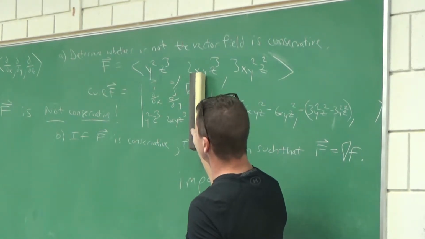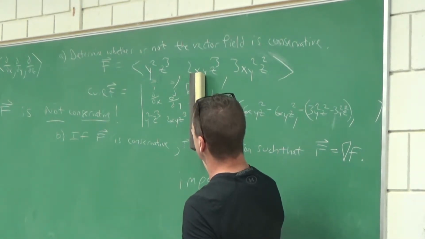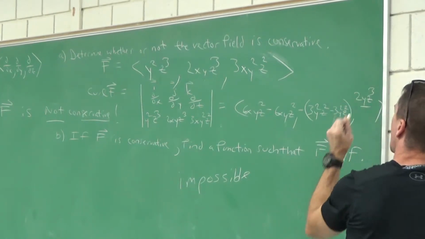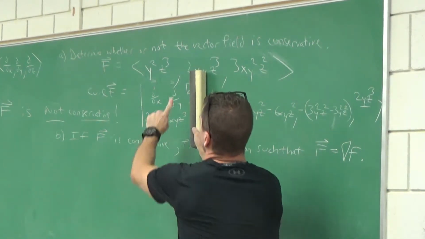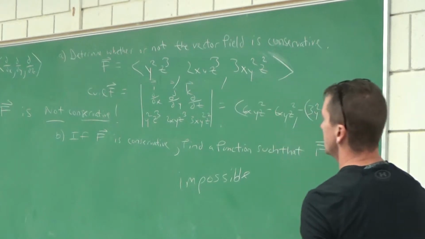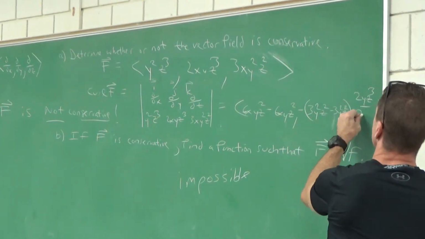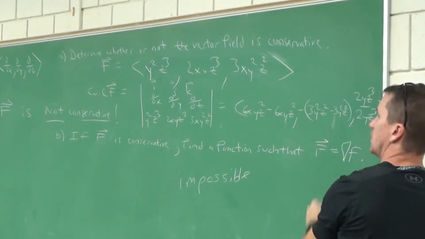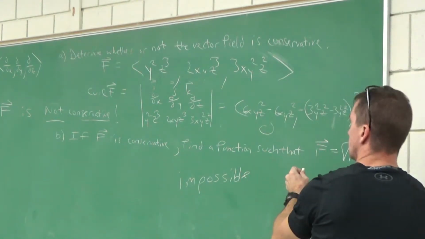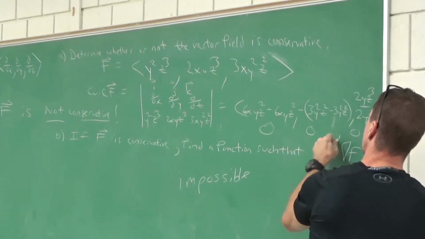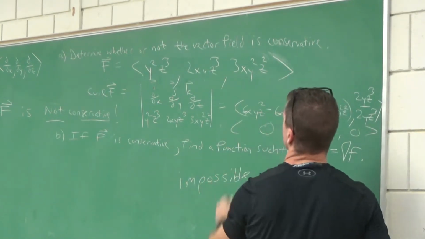So I'll wipe out that one. 2y z cubed, subtract, oh, 2y z cubed. What did we all get? 0? 0? 0?